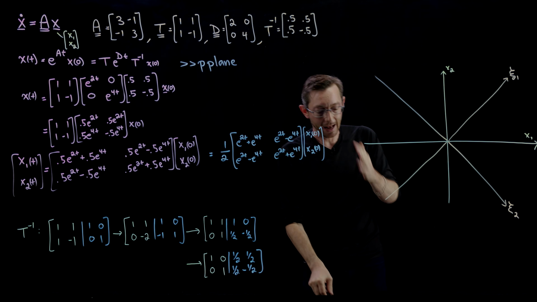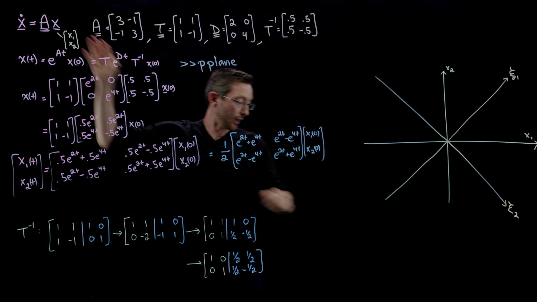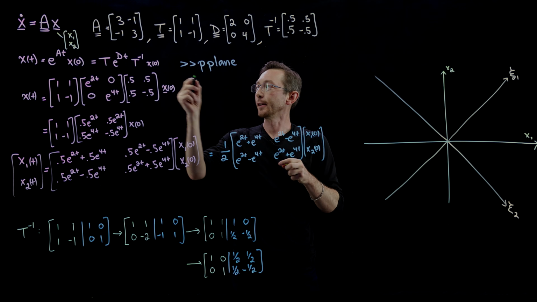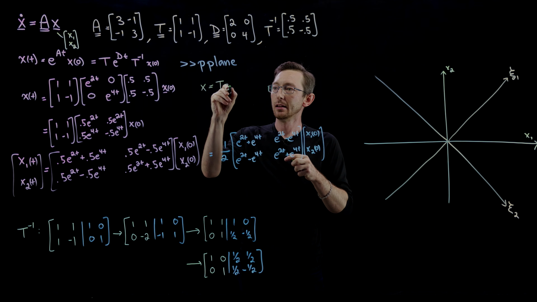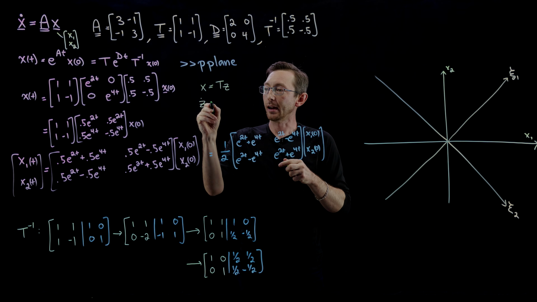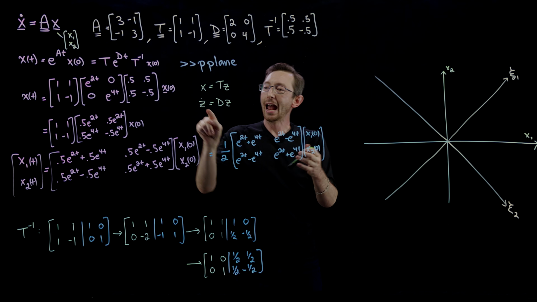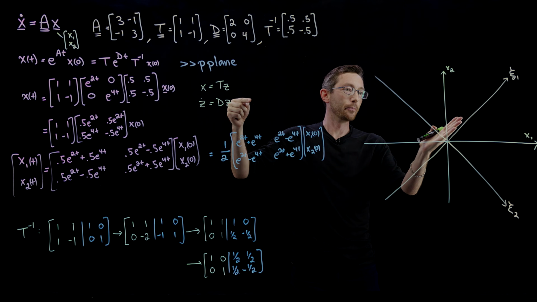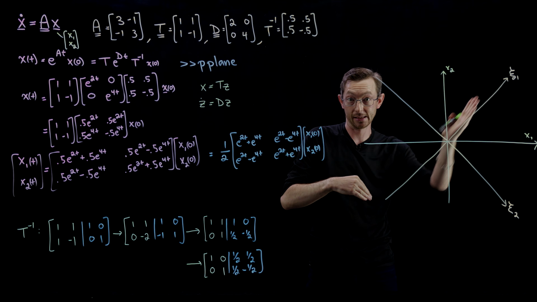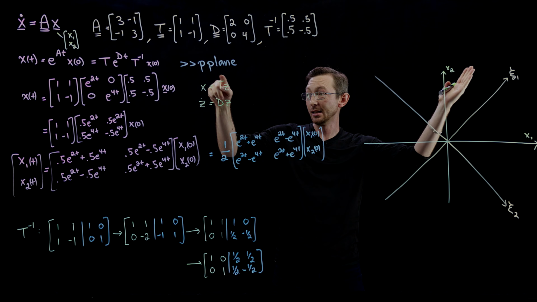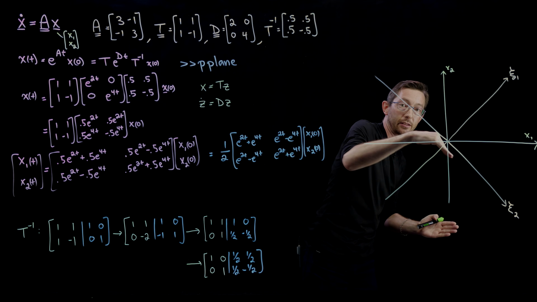And again, what we learned about eigenvectors and eigenvalues was that for this differential equation, and I wrote this down before, if you had x equals tz, then z dot is equal to this diagonal matrix times z. And literally z1 and z2 are the components in these eigenvector directions. z1 is how much of my state is in this c1 direction. That's literally what this means. So z1 is in this direction, and z2 is in this direction.